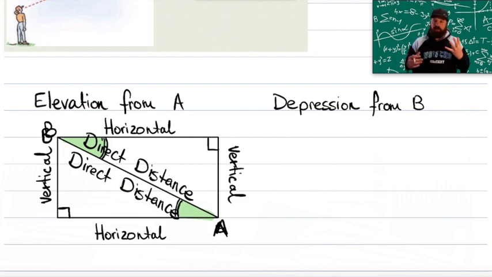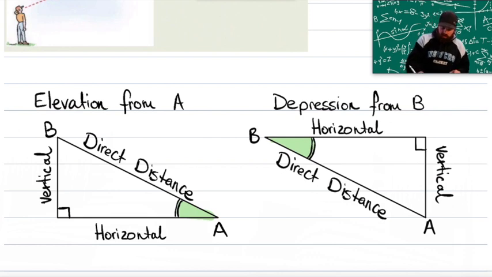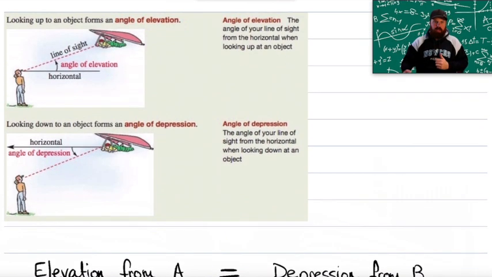And we know that rectangles contain four 90-degree angles. And then what we can see here is those two green highlighted sections are actually the same angle as each other. So the elevation from angle A, if I'm looking up at something and someone's up high looking back down at me, the angles of elevation and depression from the opposite ends are equal to each other. So that's something pretty cool.